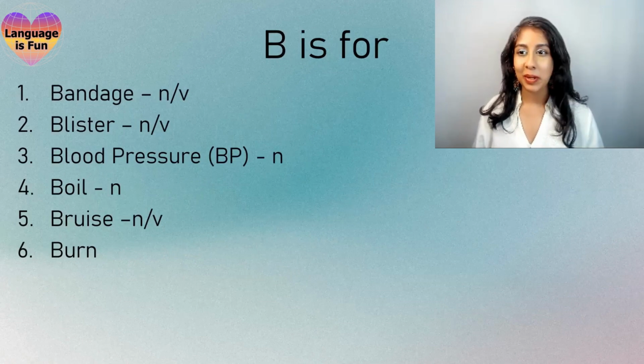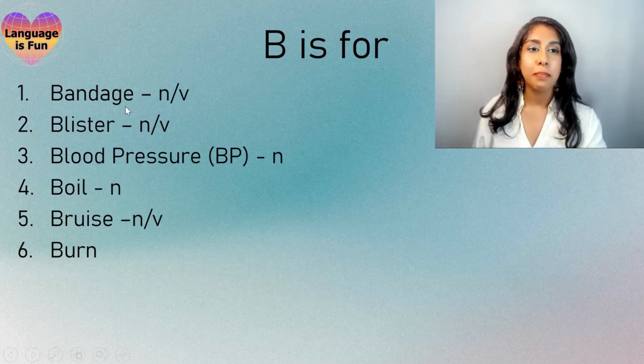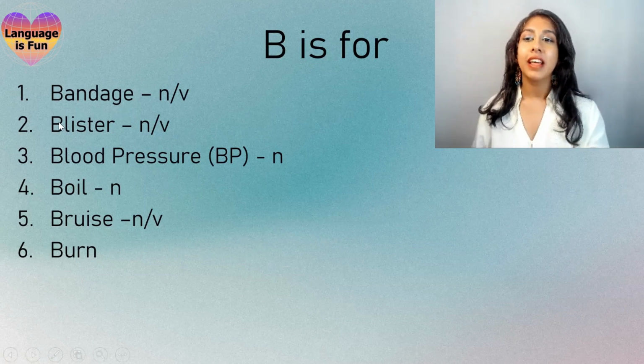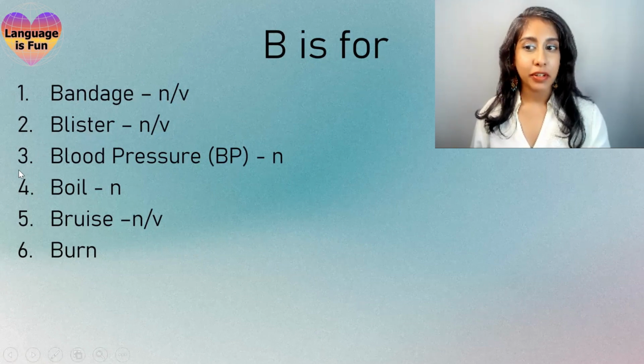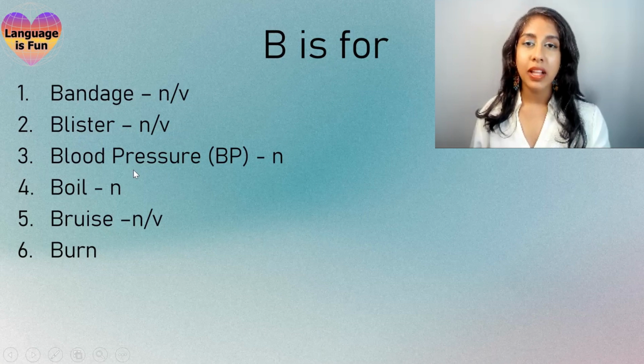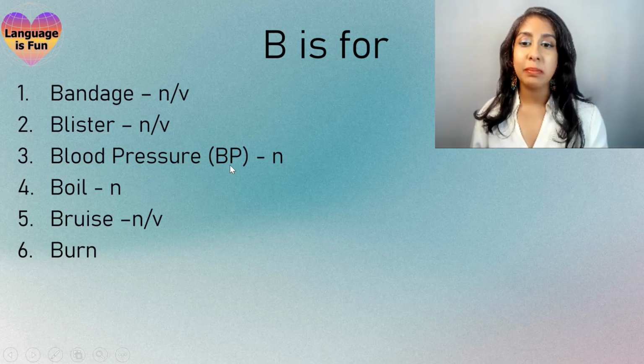B is for bandage. Okay, so the first word is bandage. Number 2, blister. Number 3, blood pressure. Now in India, people often talk about blood pressure by shortening it to BP.